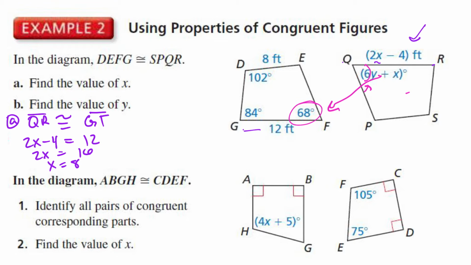So we get 6y plus, we determined x was 8, is equal to 68. 6y is equal to 60, y is equal to 10.